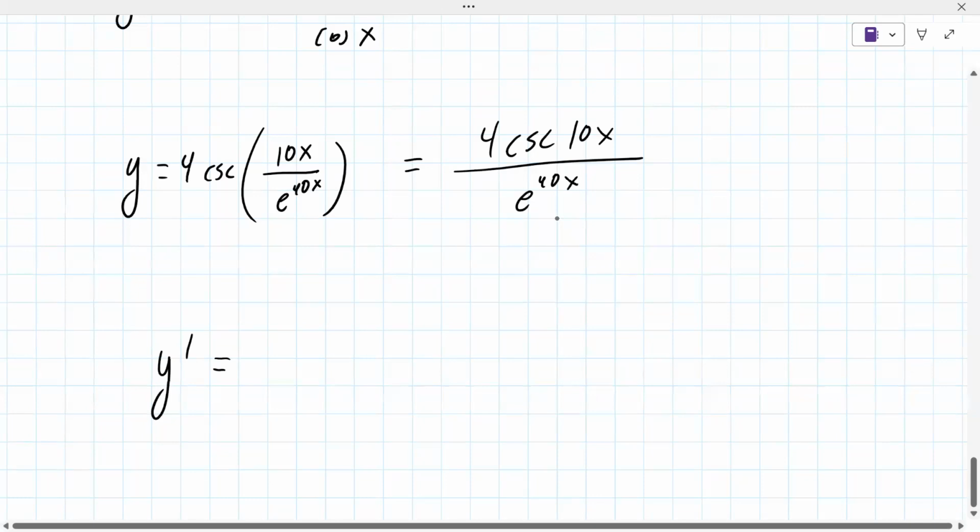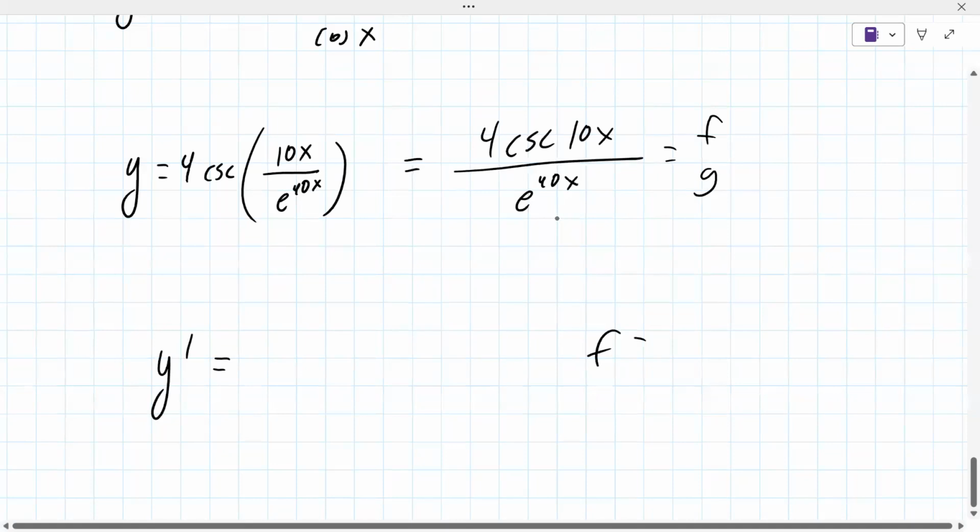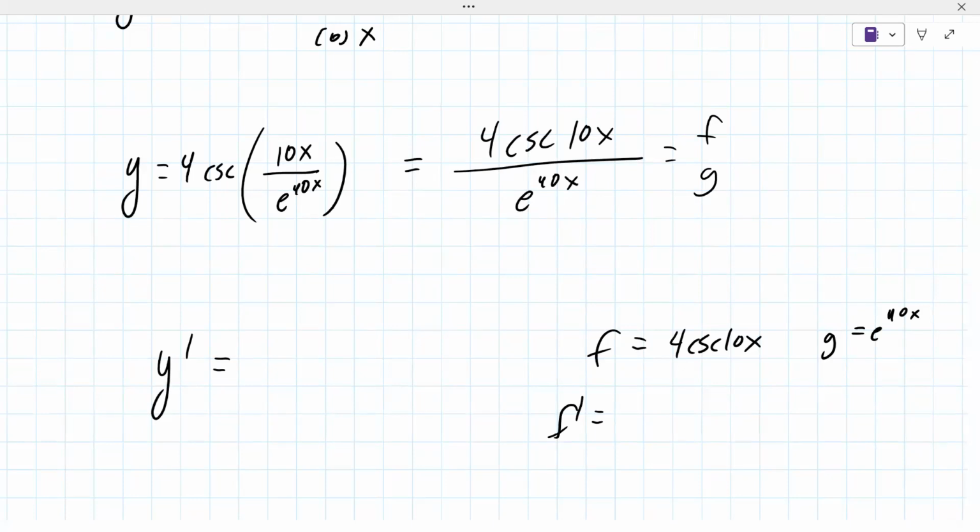One thing I will suggest is occasionally it is good to write F and G for these. F is 4 cosecant 10x. G is e to the 40x. So your derivative of cosecant is cosecant cotangent with the right sign, which ends up being negative.